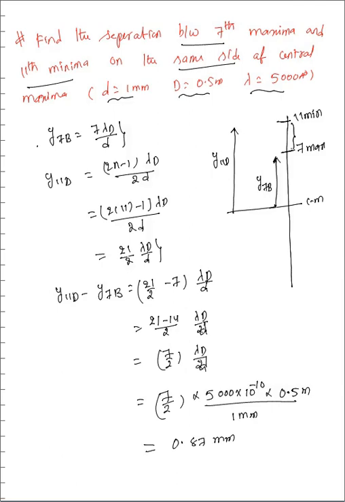Let me discuss one more similar question. Let me change the slide. They are asking: find the separation between the second maxima and third maxima on opposite sides of the central maxima.